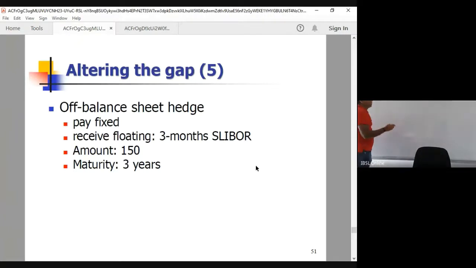Now interest rates go to 15%. Your liabilities for this loan, you may have borrowed for 5 years at 8.